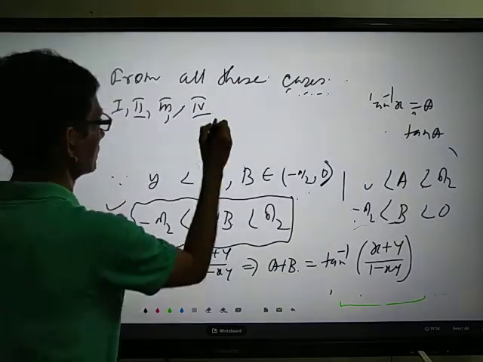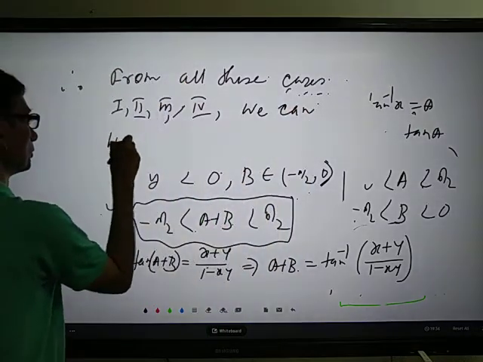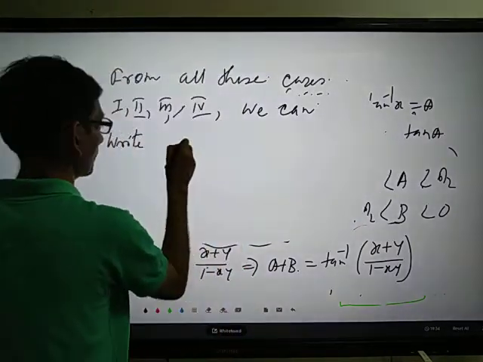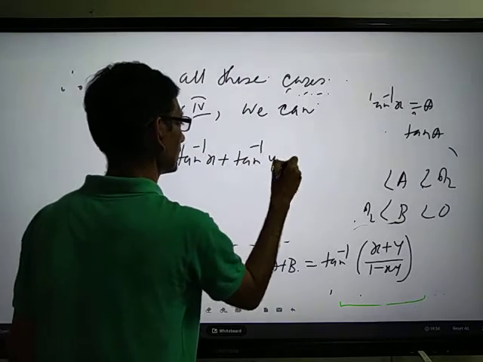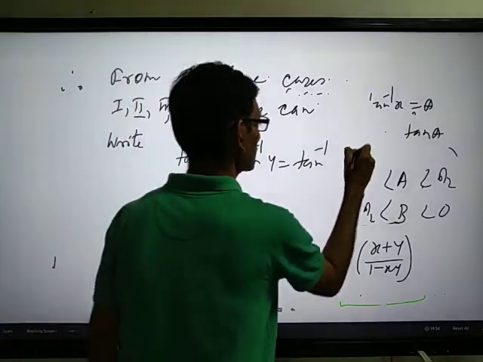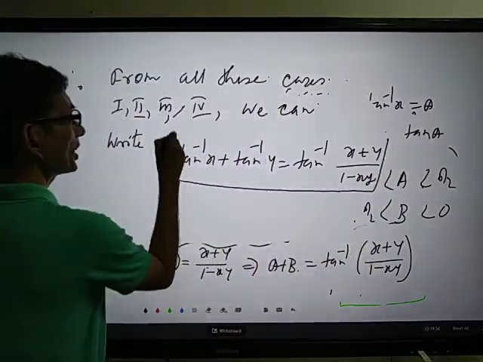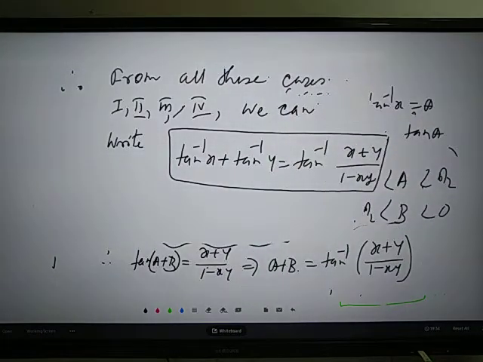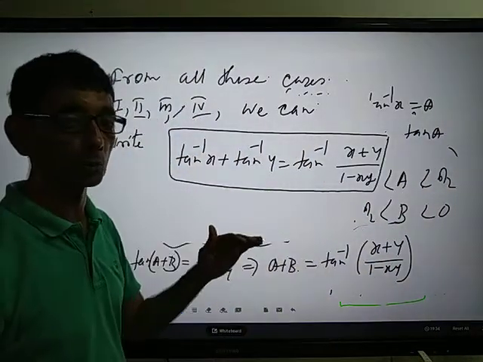From all these cases, you can just write that tan inverse x plus tan inverse y is equal to tan inverse of (x plus y) divided by (1 minus xy). So this is a very useful formula, a property of inverse trigonometric functions, and we have proved it for all the cases. Today in this video we are going to prove one more, that is property 2.